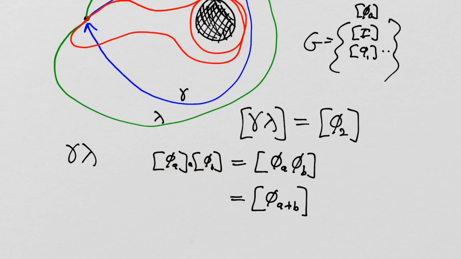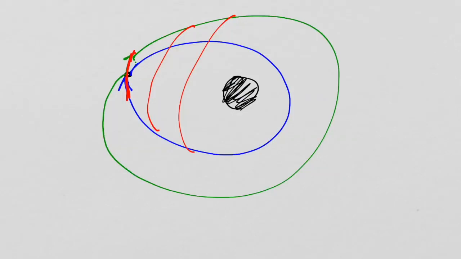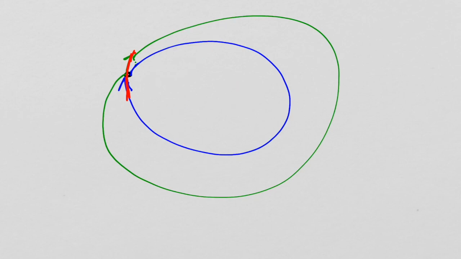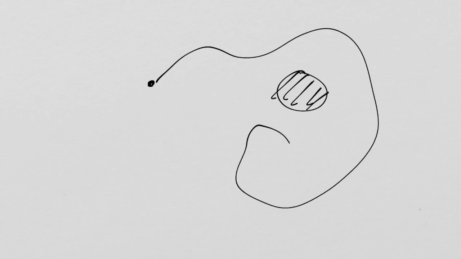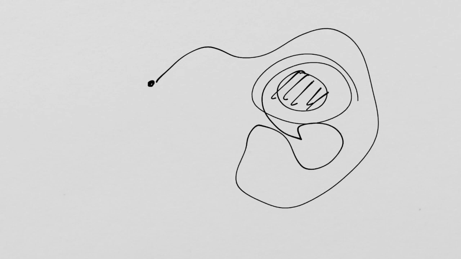The identity operation is kind of interesting. The identity operation would basically be I can take any path, even let's have an annulus. I can take any path out there, no matter what it is. It can go around a few times or not, and I can concatenate it with any path that is homotopically identical to the constant path.